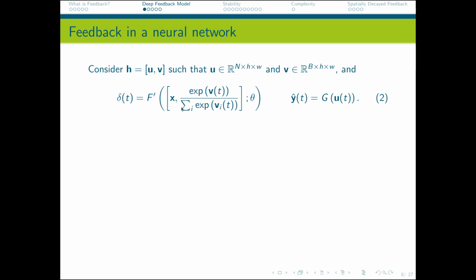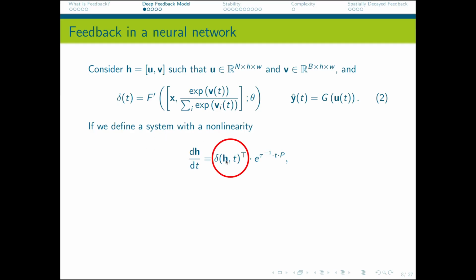This representation is then fed to a neural network, which we call delta t to simplify our life in the forward equations. So we are going to define a system with a nonlinearity, which is present in delta t, because this neural network right here is going to be a big neural network, and it will change the representation a lot and not have a linear relation with the input.